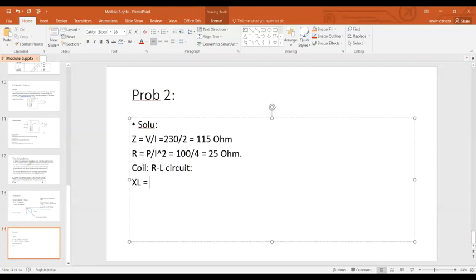XL is the square root of Z squared minus R squared. Okay, so calculate and just share your answers.